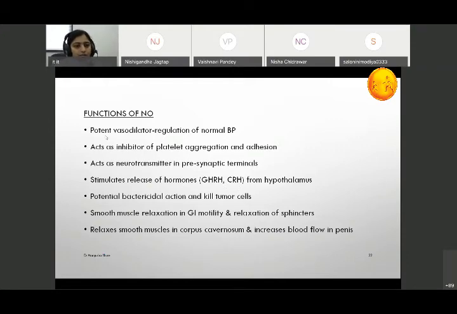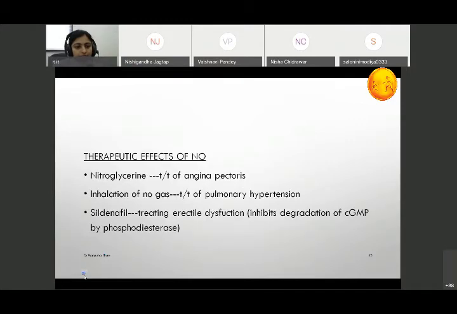It has also the function of smooth muscle relaxation in gastrointestinal motility and relaxation of sphincters. It is also helpful in relaxing the smooth muscle in corpus cavernosum and it increases the blood flow in the penis. These are the functions of nitric oxide. Then, therapeutically or clinically, how is this nitric oxide helpful?